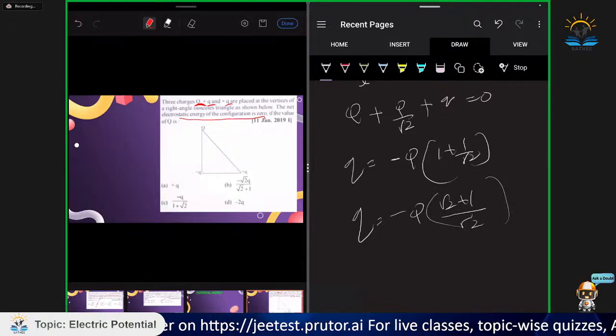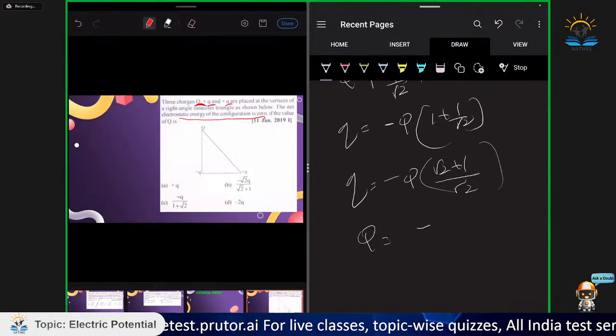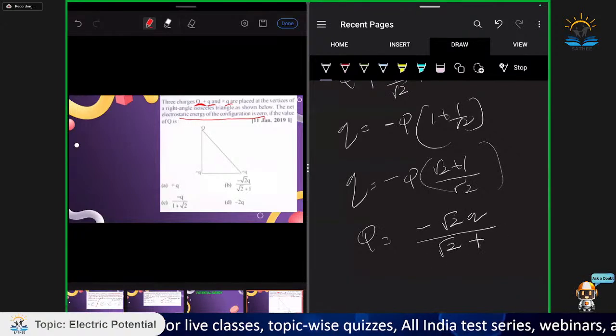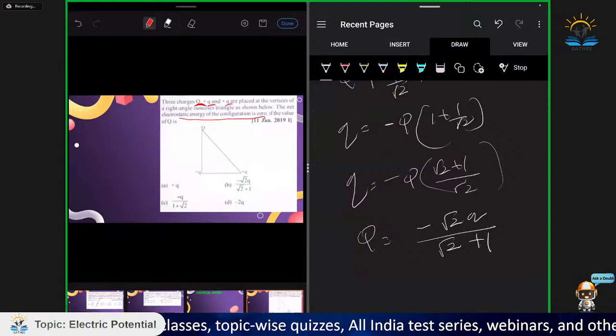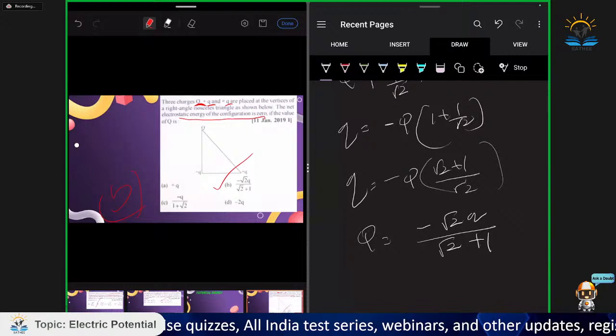What is the value of q? So q will be minus root 2 Q upon root 2 plus 1. Option B is the right answer. Easy.